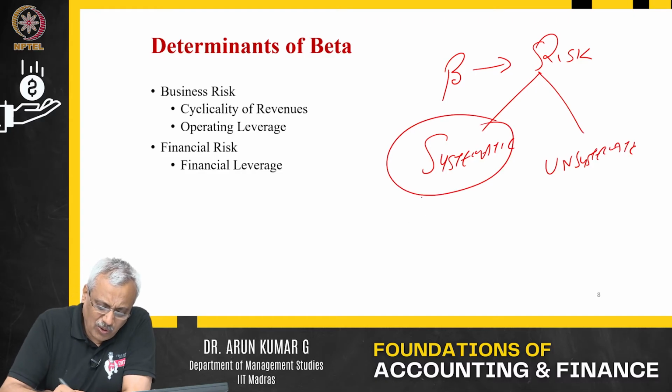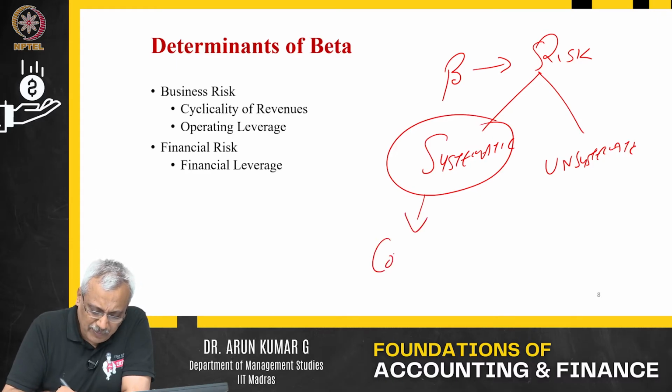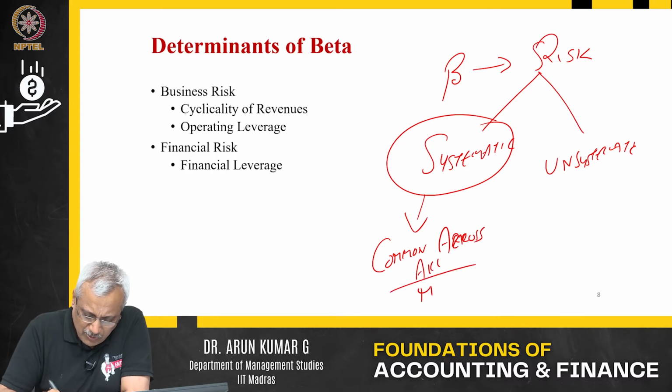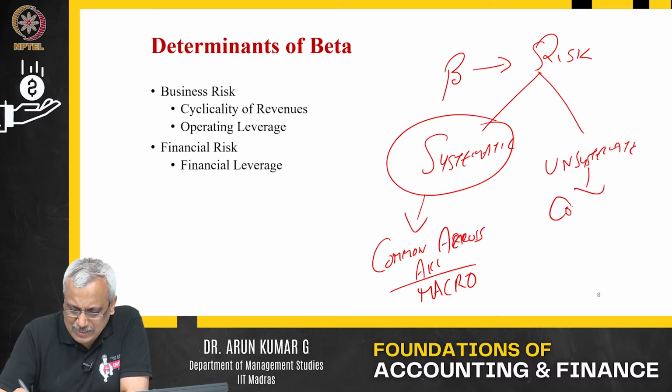Systematic risk is common across all stocks, that is, macro variables. Unsystematic risk is specific, company specific.